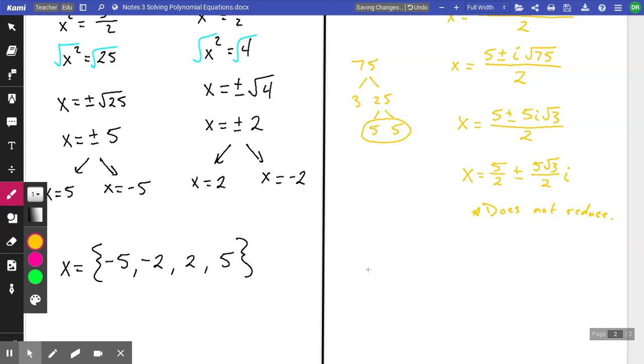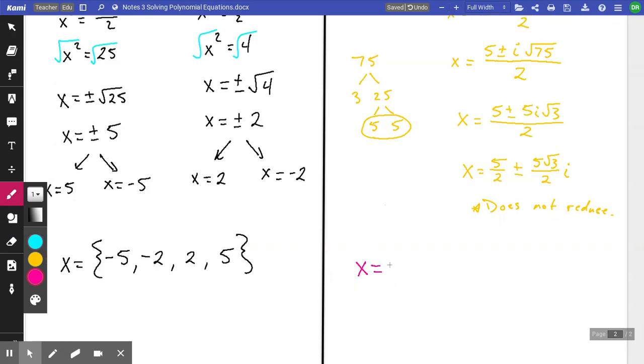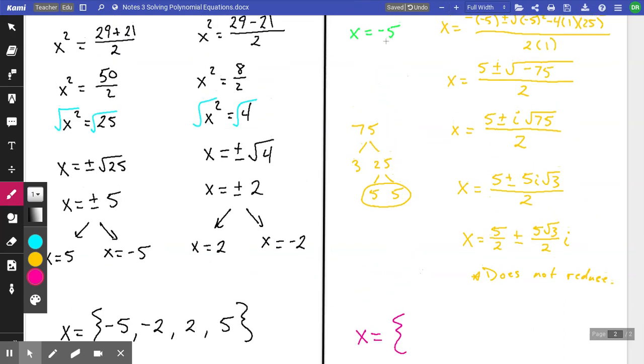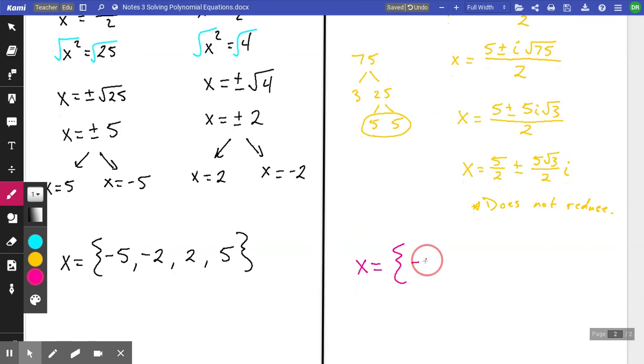So when we go to the end, very typically, here's all we're going to put: x equals. And let's just put what we know. We know that we had an answer of -5 from earlier. And rather than writing these imaginary solutions out separately, it's okay to just leave it as this.